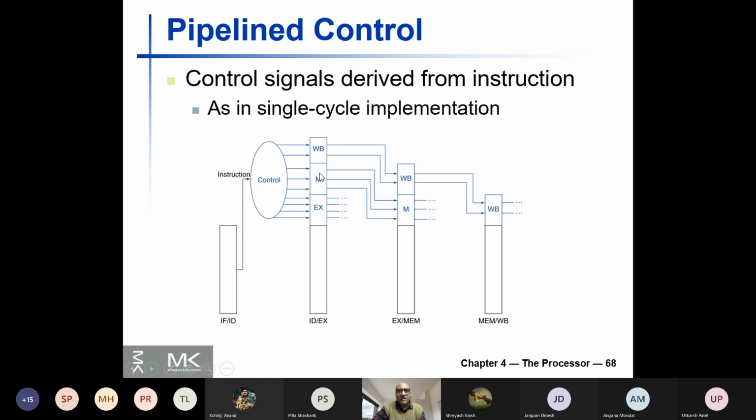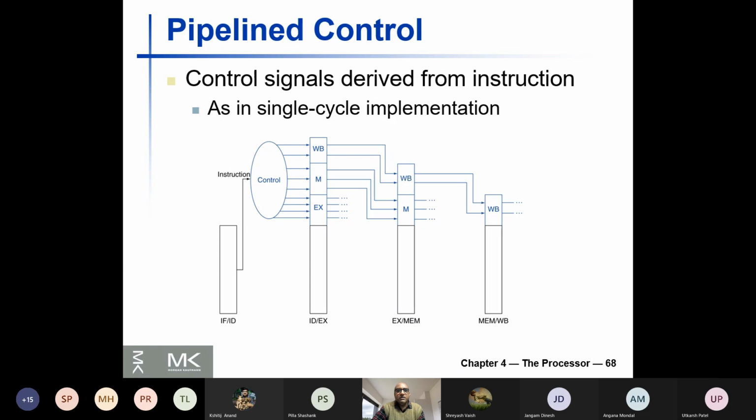The only thing is that the control signals will be propagated through all the stages, and whichever stage they are meant for, those control lines will be given to that particular stage. The remaining control signals will simply be percolated across the stages.